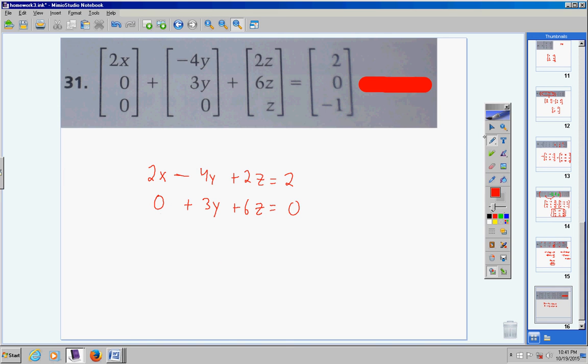No, 0 plus anything is just itself. So 0 plus 3y is just 3y. Now, take the last row. 0 plus z equals negative 1. Well, we don't need these two zeros here. 0 plus 0 plus z is z.